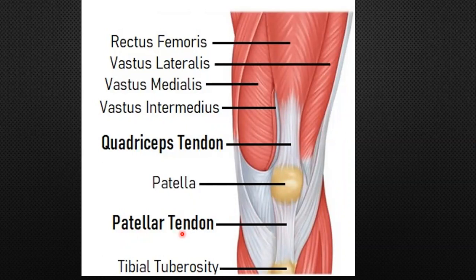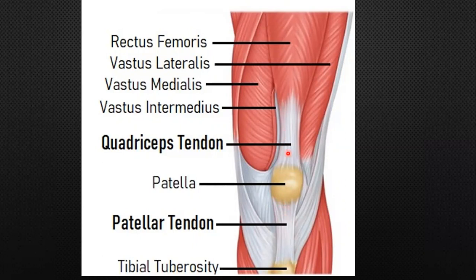Here in this diagram, they have called it the patellar tendon, but a more specific name for this band should be ligamentum patellae. As we know, a ligament is that type of connective tissue which connects two bones with one another, so it can be correctly called ligamentum patellae.